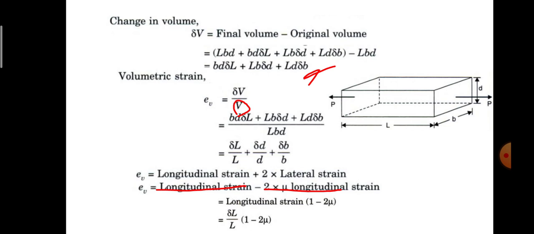So for a rectangular bar subjected to an axial load of magnitude P along its length, the volumetric strain will be given as longitudinal strain into 1 minus 2 mu, wherein the longitudinal strain is delta L by L and mu is the Poisson's ratio of the material.